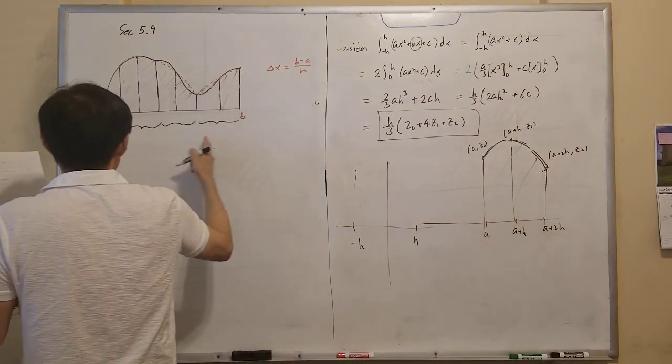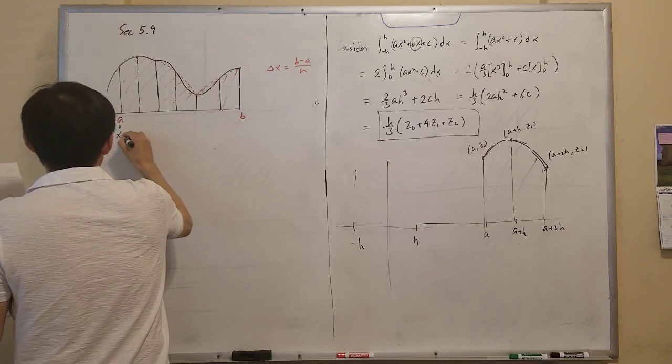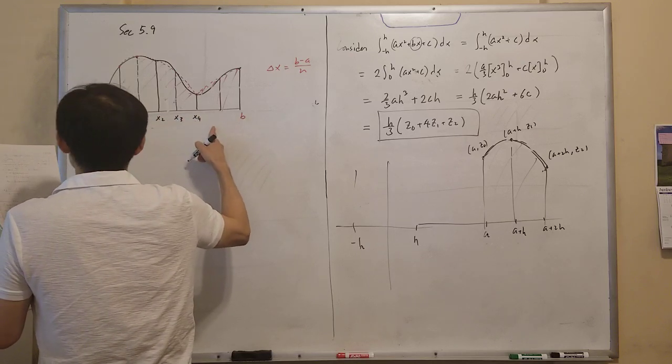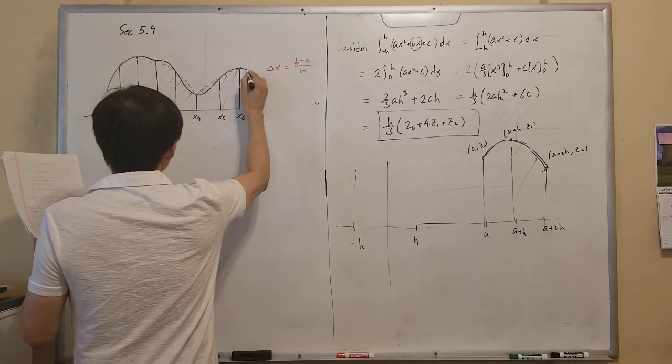So in this case, this is x0, x1, x2, x3, x4, x5, x6, and it keeps going.